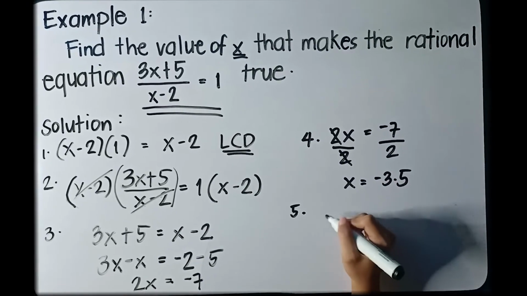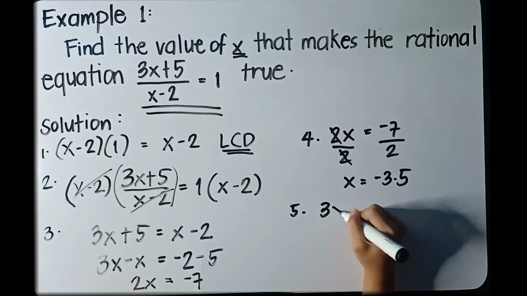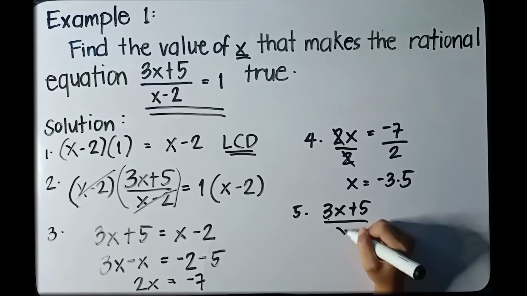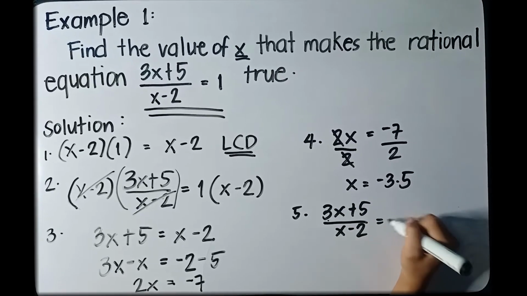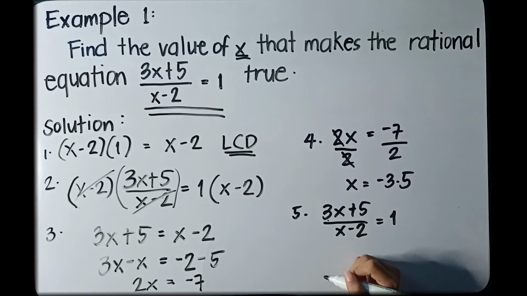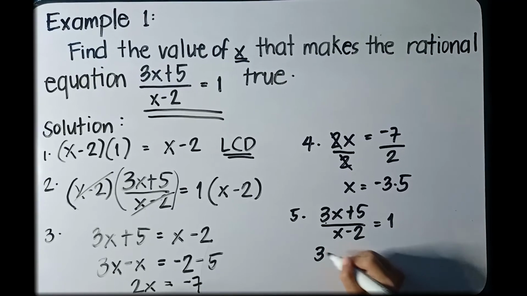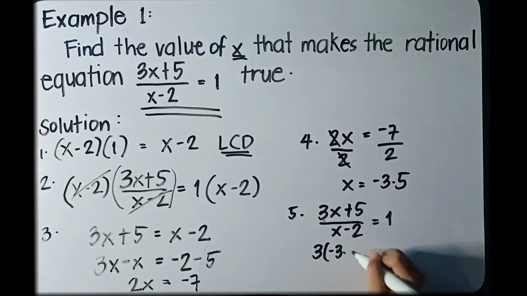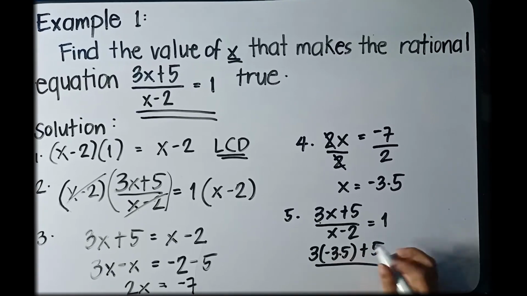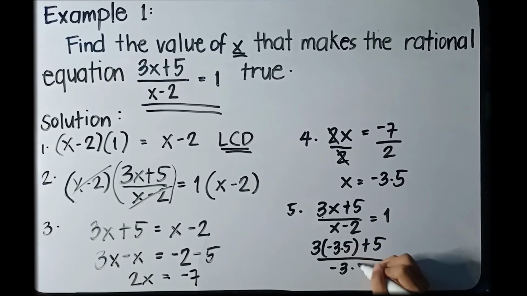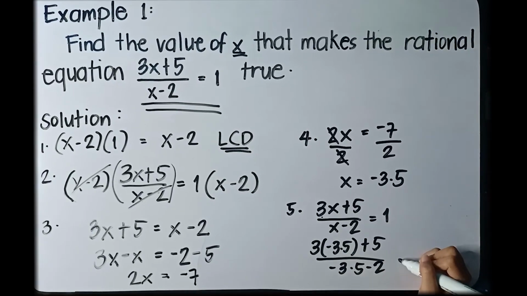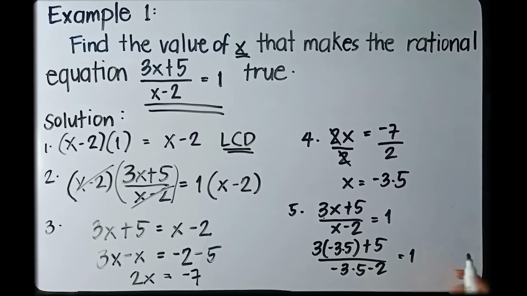Last step, we need to check if the value that you got for x will satisfy our equation. So we have (3x plus 5) over (x minus 2) equals 1. Substituting the value, we have (3 times negative 3.5 plus 5) over (negative 3.5 minus 2), which should be equal to 1.